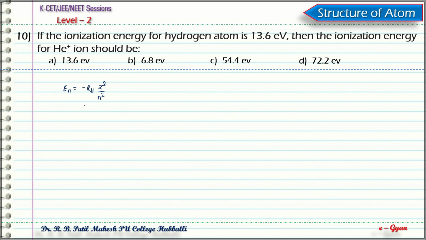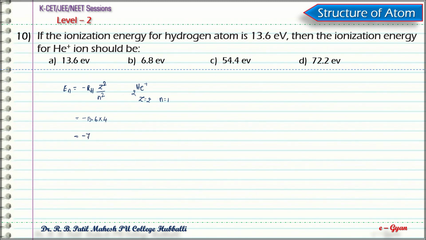So we need the ionization energy for helium atom, atomic number, that is Z equal to 2, and as they are talking about He plus ion, N equal to 1. Therefore E1 is equal to minus 13.6, because we want the answer in electron volt. 13.6 Z square is 2 square multiplied by 4 divided by 1, because N equal to 1.